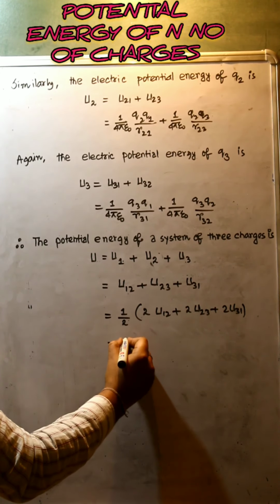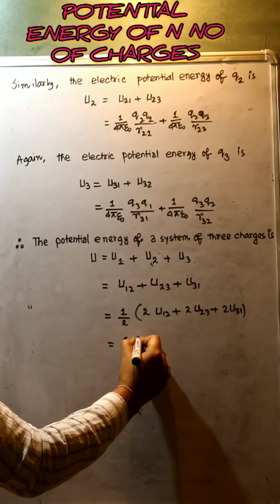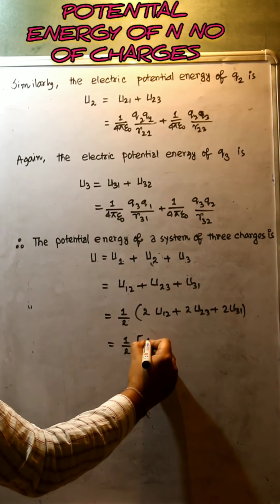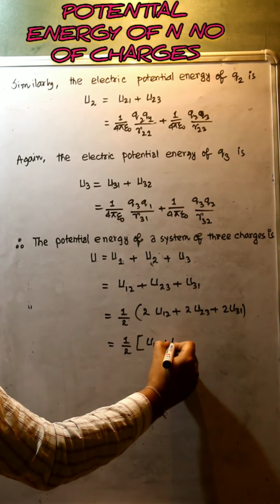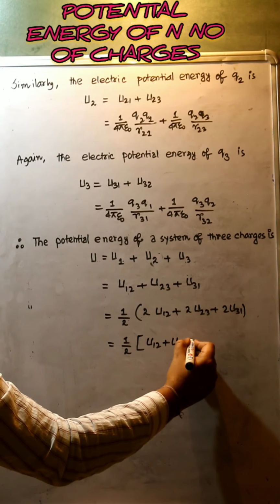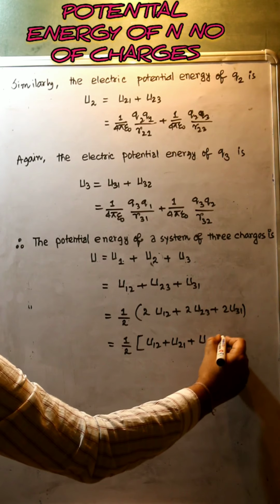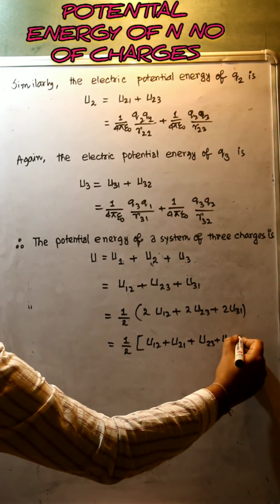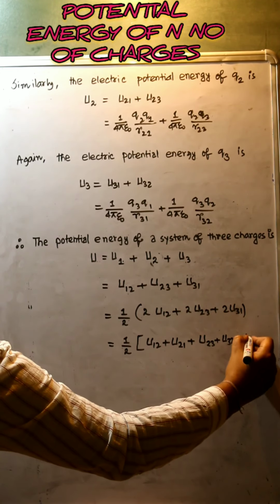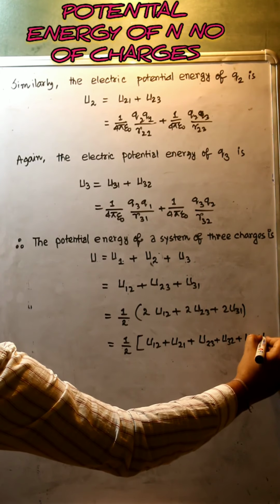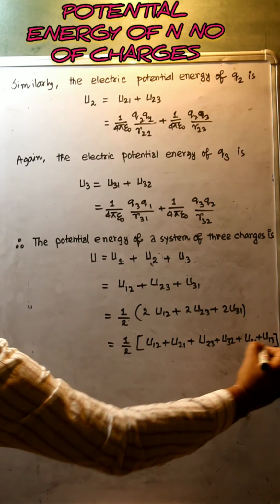is equal to 1 by 2. In place of 2 U12, what we can write? U12 plus U21, because U12 is equal to U21. In place of 2 U23, we can write U23 plus U32. And in place of 2 U31, we can write U31 plus U13.